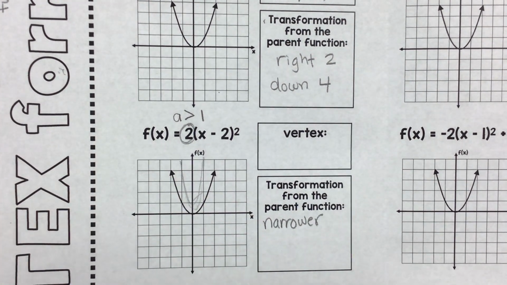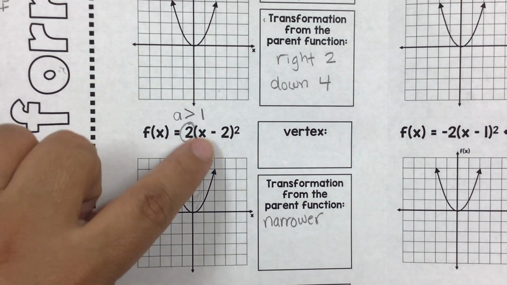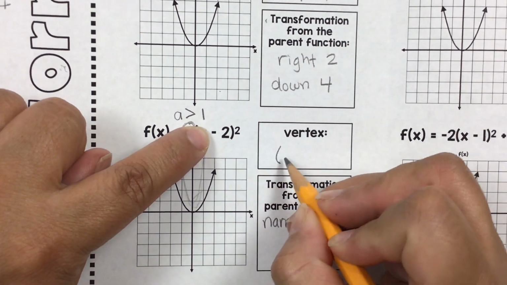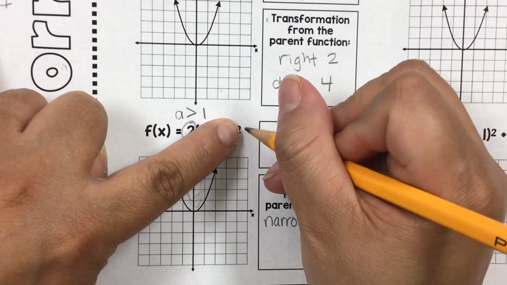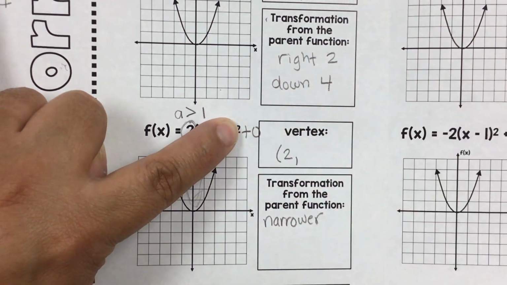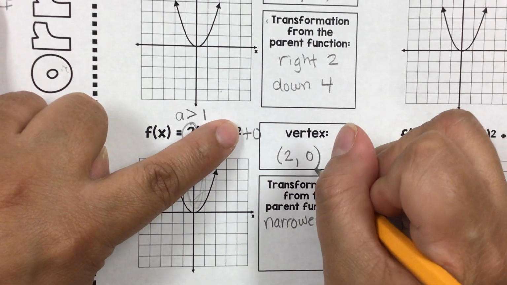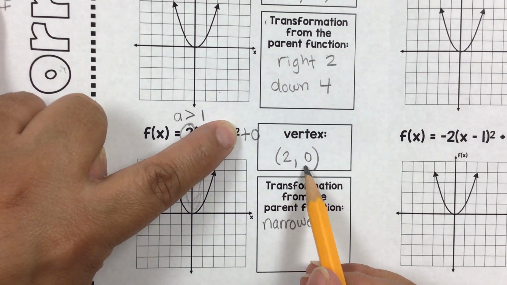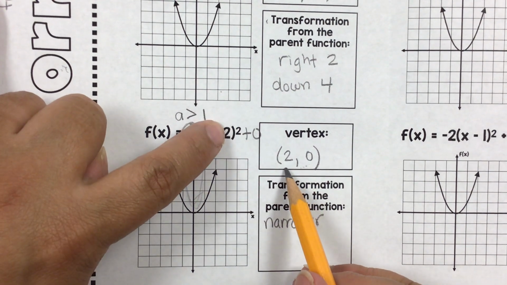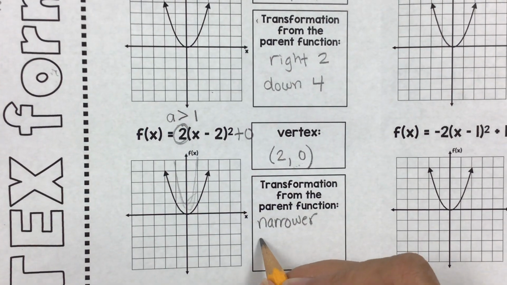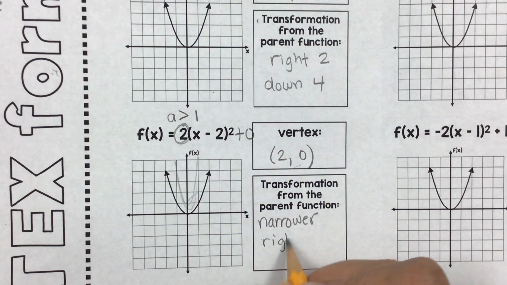We're going to just go by the equation. The vertex then is 2, but there's no k. That means it has to be 0. That also means that there is no movement up and down. They just move it 2 to the right, or right 2.